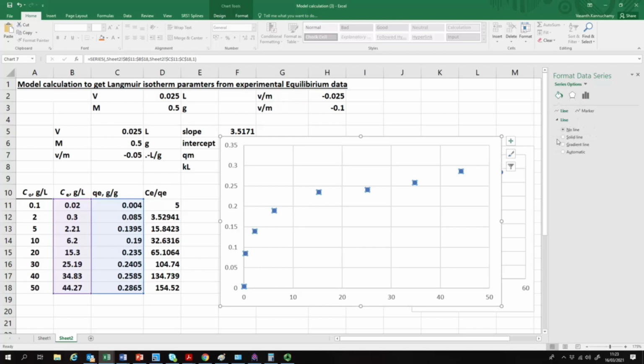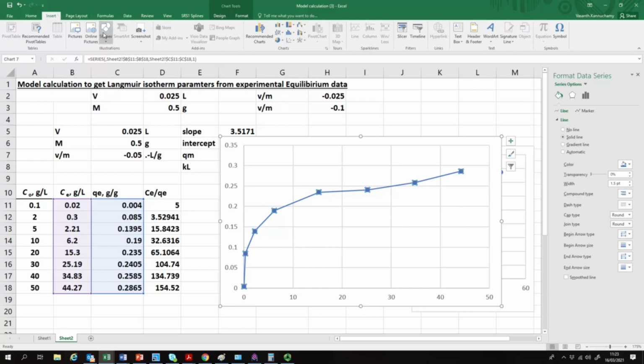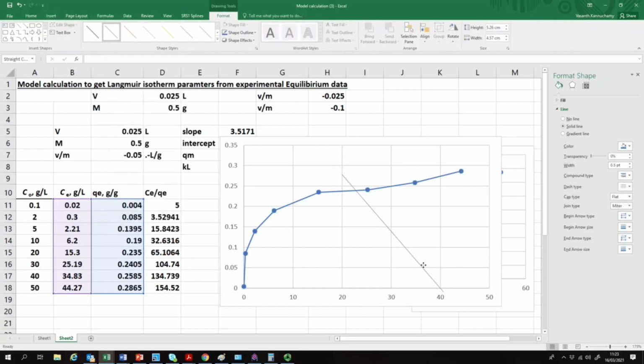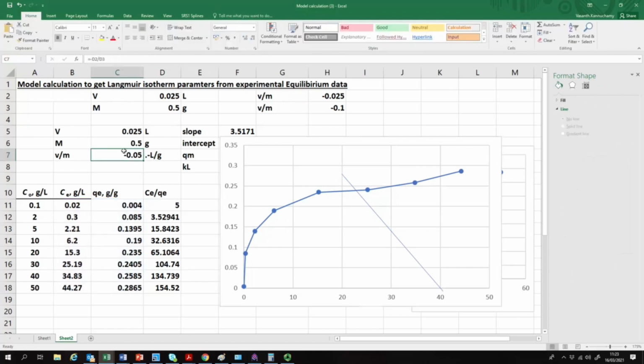This line can serve like a guideline. What we need to do is draw some operating line. On that operating line, the slope should be equal to minus 0.05, which is here. So how to do that? Let's assume we can draw the line starting from, say, 30 on the x-axis.